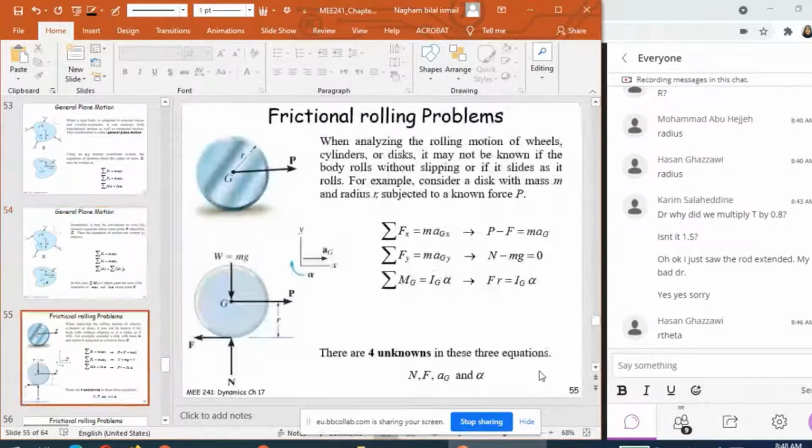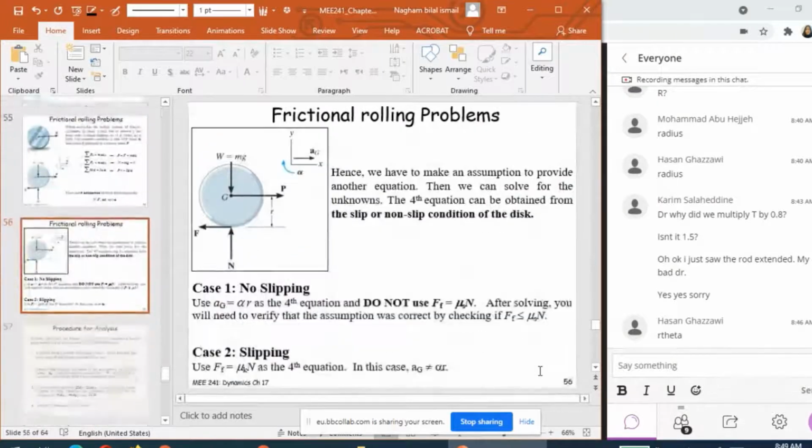So this is for the general plane motion, and don't forget, guys, that if you have any missing equation, you have to go back to kinematics, where you have to apply the relative motion analysis in vector form. Let's say the relation between two accelerations, A_A and A_B, or A_A and A_G.